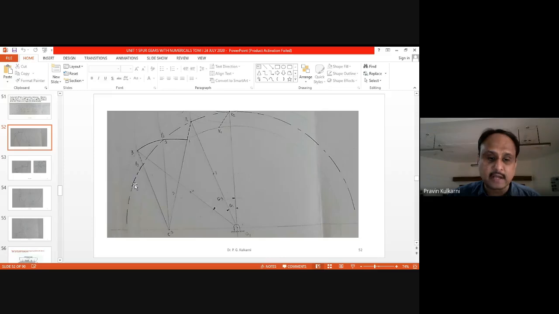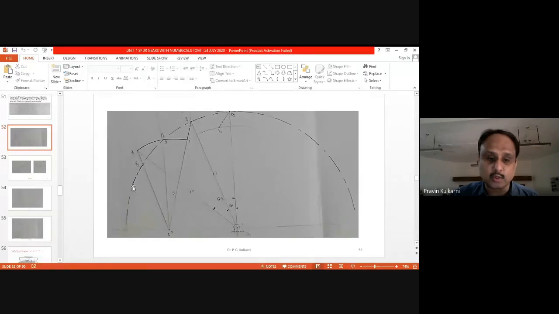Pitch circle is 100 millimeter, and the innermost circle is the dedendum circle. How to find the dedendum circle radius? Dedendum circle radius is equal to pitch circle radius minus dedendum. I repeat, dedendum circle radius is equal to pitch circle radius minus dedendum. Dedendum is equal to 1.25 times module.